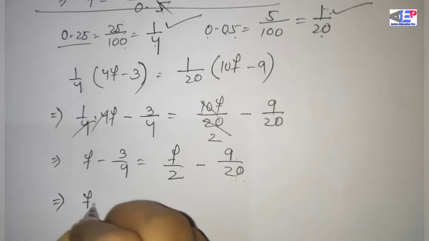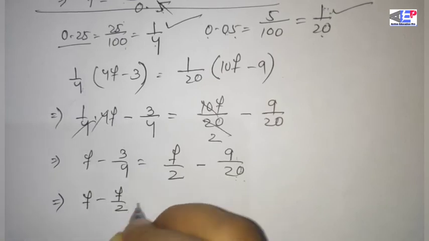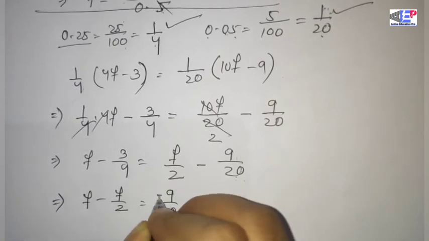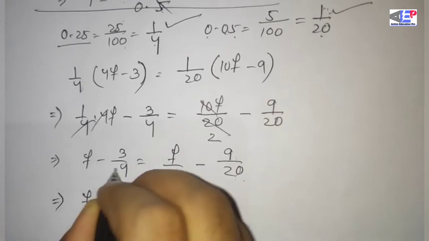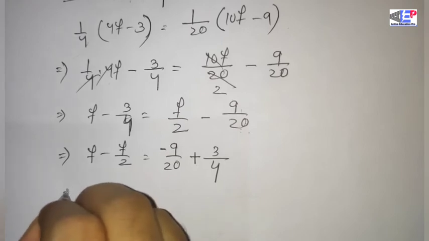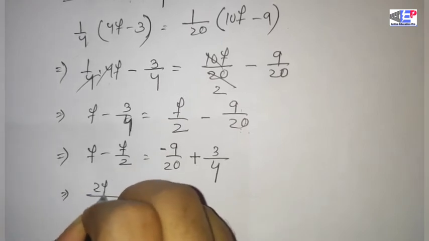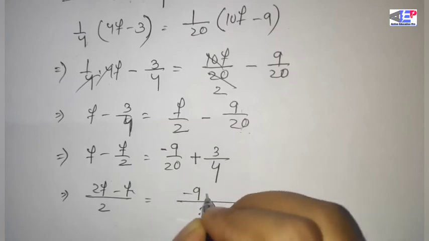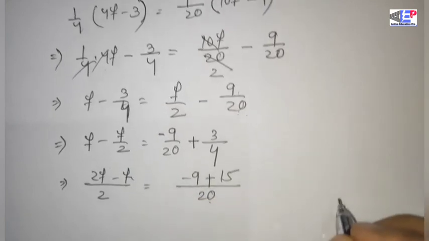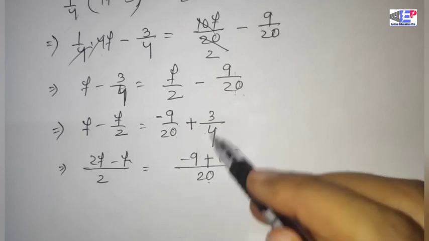Here now f minus f by 2 is equal to 9 by 20 minus 9 by 20 plus 3 by 4. Now take the LCM: 2f minus f over 2, and here 20 is the LCM of 20 and 4.